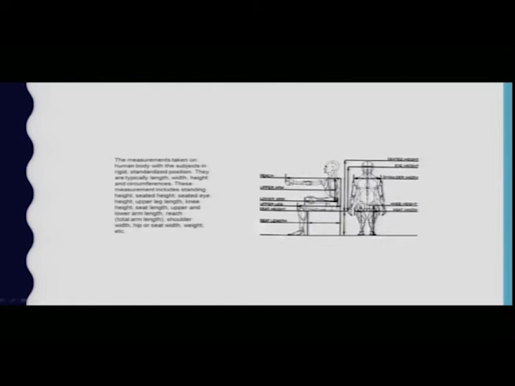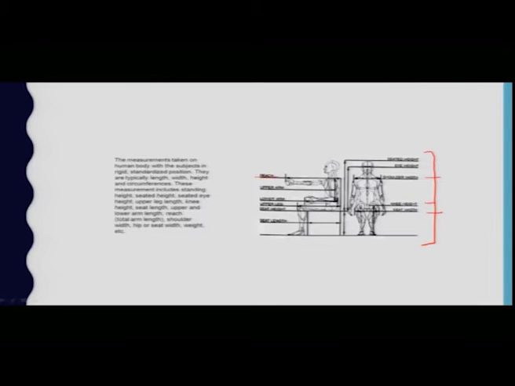Another thing we can take is the different segments of measurements here. We can see a person who is sitting, and the possible measurements we can take are seated height, eye height, shoulder width, knee height, seat width, and in the front we have to take care of these aspects while designing, let us say, a chair.